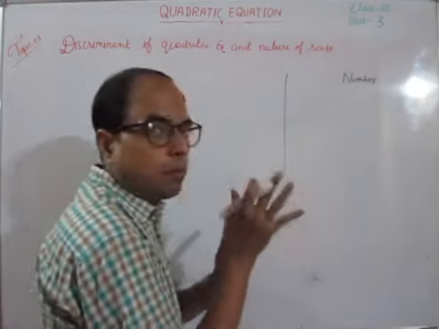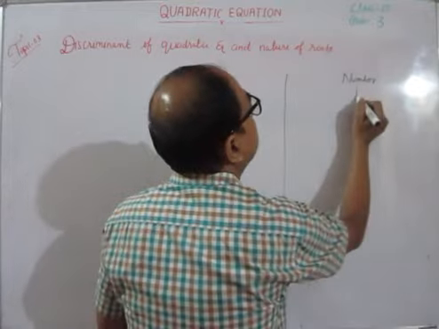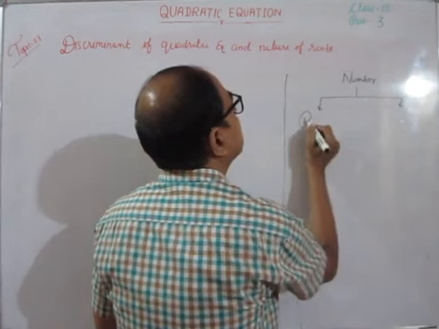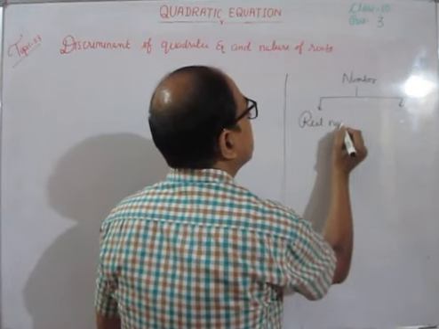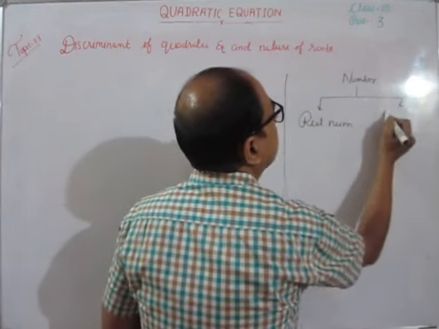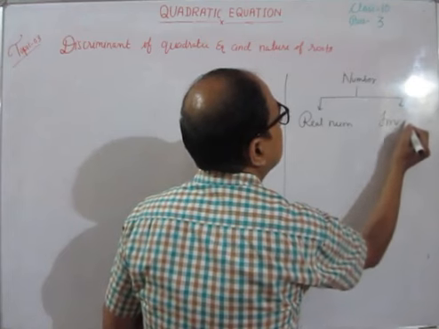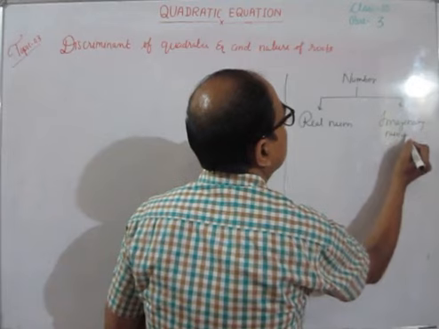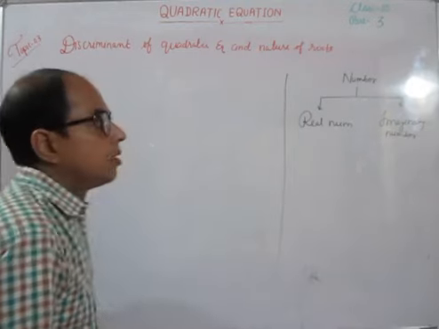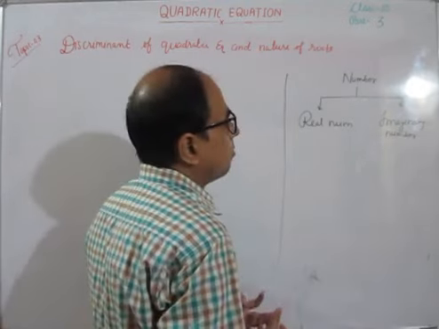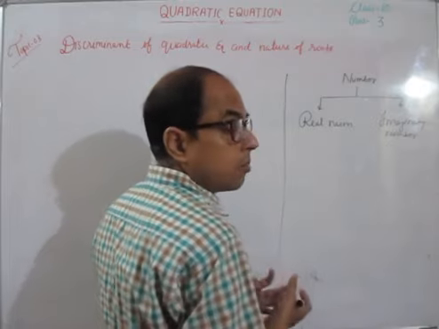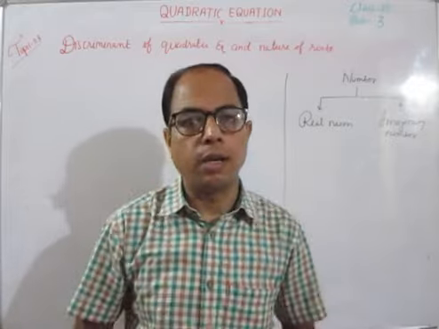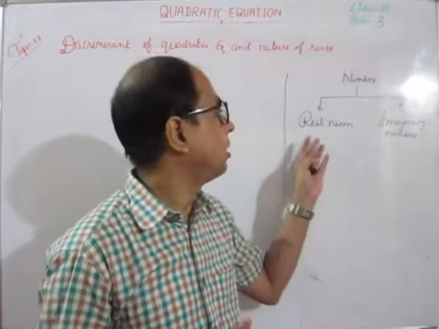Total numbers in mathematics can be classified into two parts: the set of real numbers and the set of imaginary numbers. Now, real number means what? Real number means rational numbers and irrational numbers together. Whatever numbers you have read till class 10 are called real numbers.